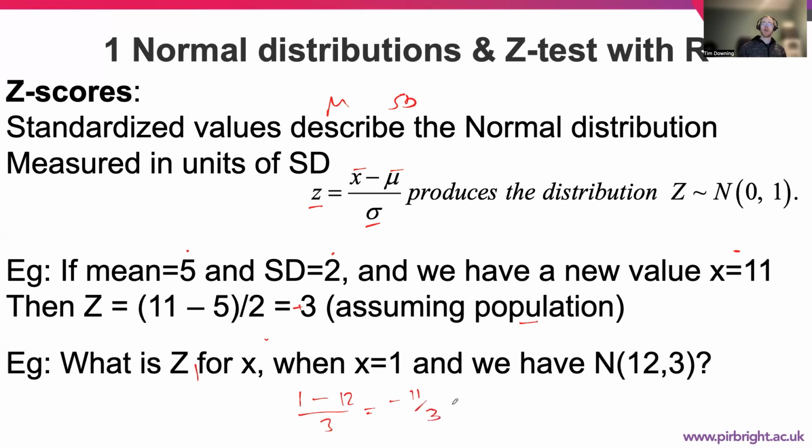In this case, our Z score is quite negative. And if we draw this distribution, which is usually a good idea, if our mean value is here at 12, then the value 1 is going to be somewhere over here.